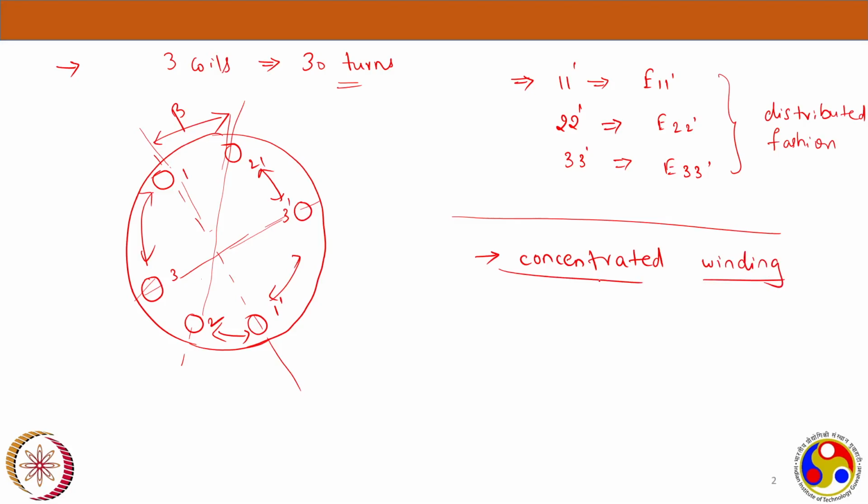As I said earlier, for a concentrated winding, there is no dividing of turns into multiple slots. We are placing all the voltages into a single slot. There is no angular displacement. All have the same magnitude, same length, and also there is no phase displacement between them.